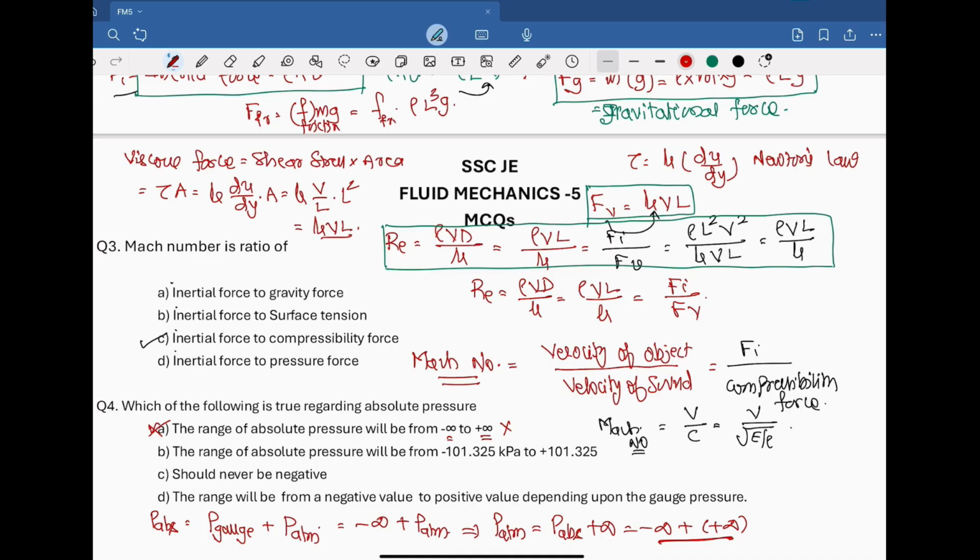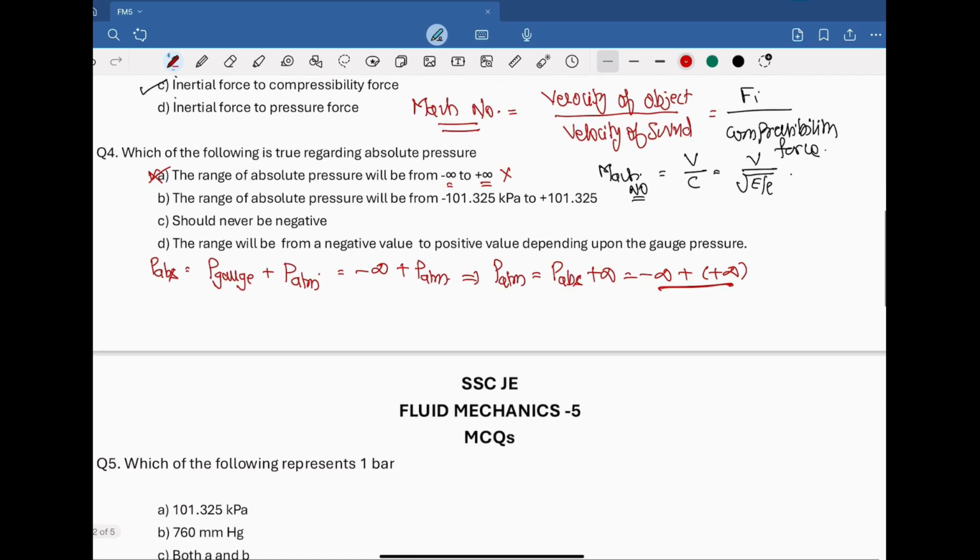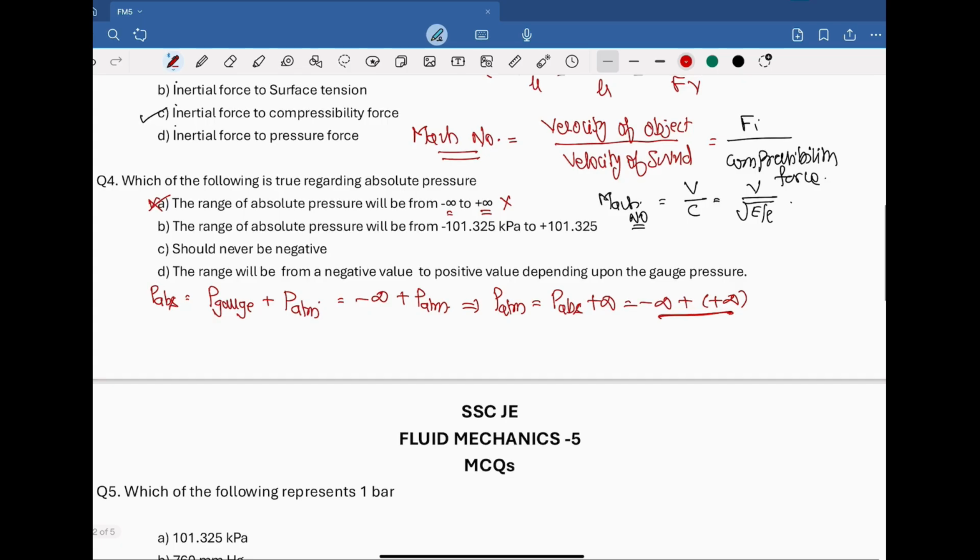The range of absolute pressure will be minus 101. For example, let us say P atmosphere is equal to, we know, 101.325. Then P absolute is equal to gauge pressure plus 101.325.